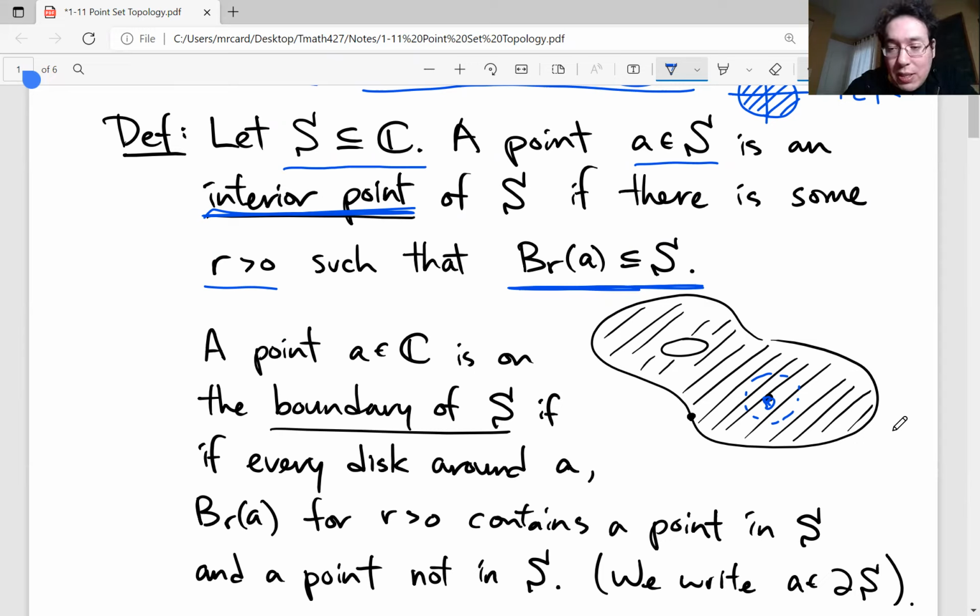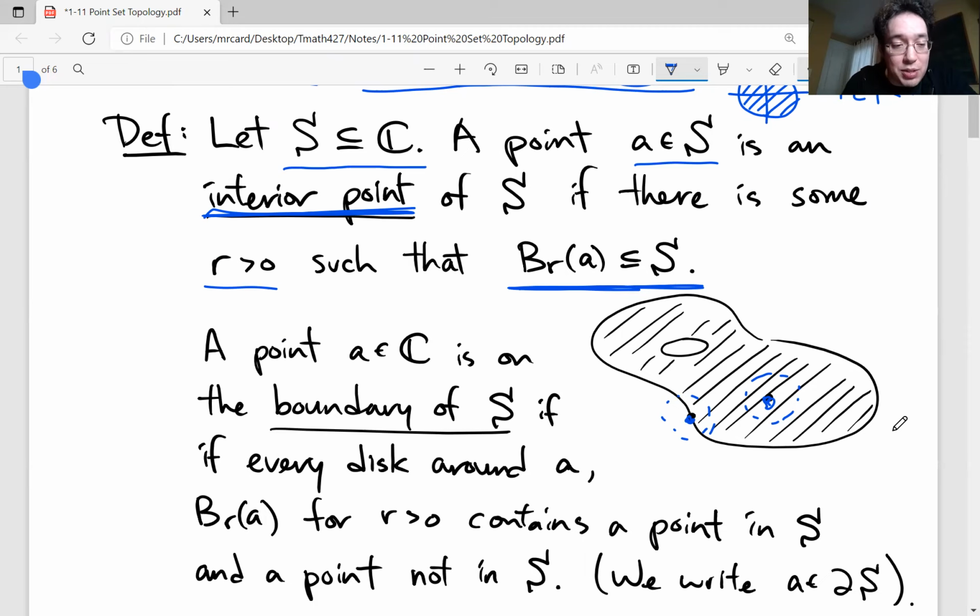What won't be an interior point is a point right on the edge. If the edge is included in the set S, then no matter how small the radius R is, there's going to be some portion of that disk that spills outside of the set S. So that would not be an interior point.